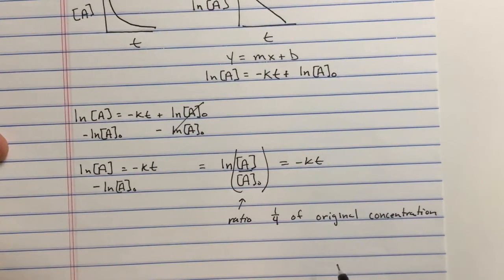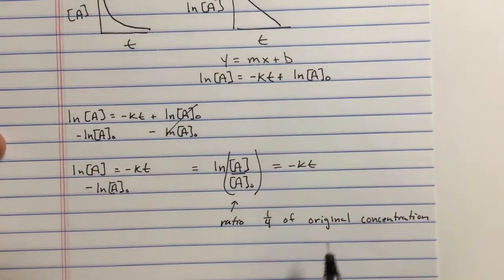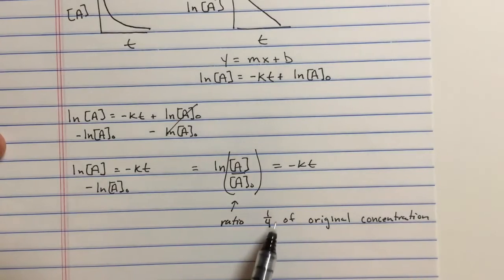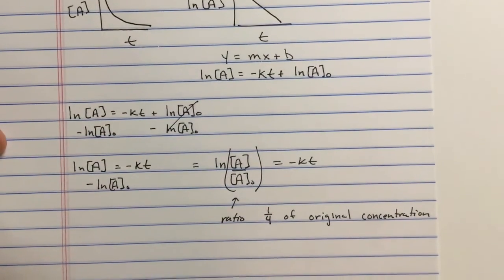And so you'll get questions like that. If they're telling you the concentration is 1/4 of what we started with, it's really easy to work with first order integrated rate law. We can just plug in 1/4.